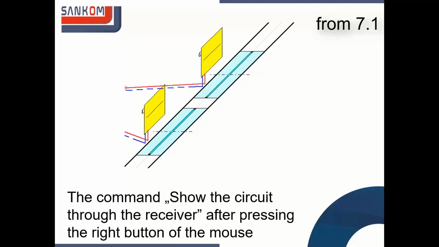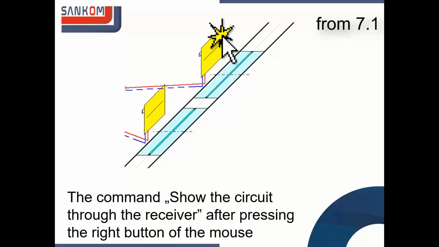And the other command that is not new, but again an easier access, that's pretty important, is showing the circuit through the specified receiver. It has existed before, but you had to use the control button. You had to click the receiver with the control button. Not everybody knew that. So now, again, it's under right click.